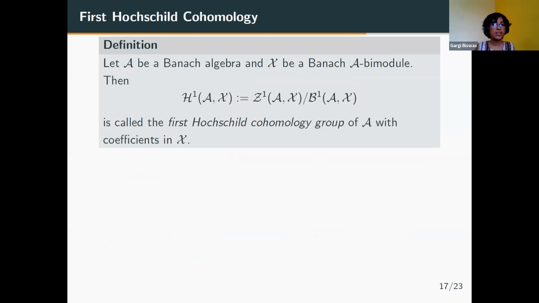And that is exactly how we define the first Hochschild cohomology. H1(A,X) is defined as the quotient of Z1(A,X) by B1(A,X), and it's called the first Hochschild cohomology group of A with coefficients in X.